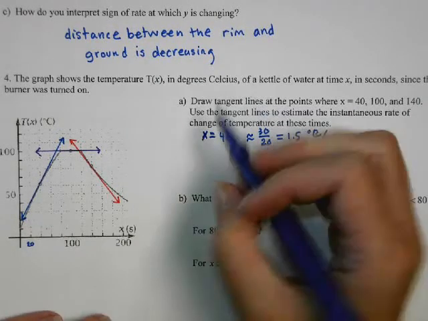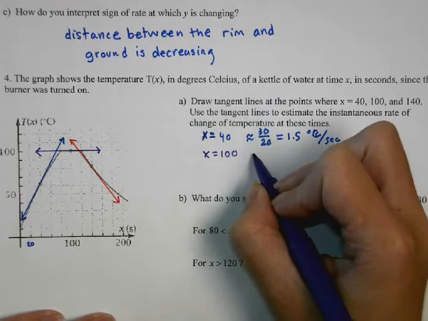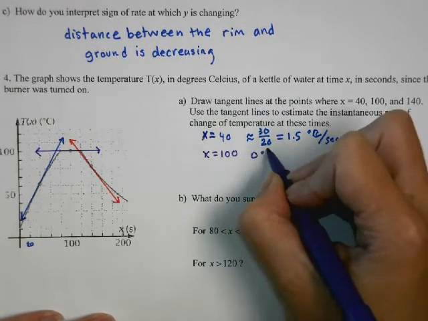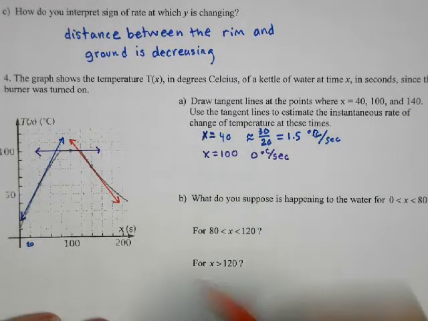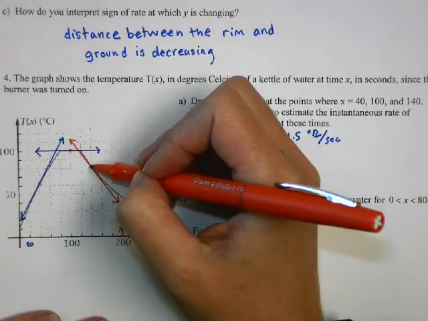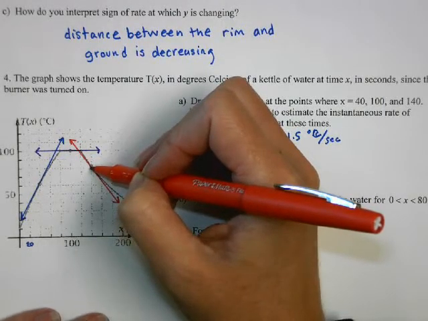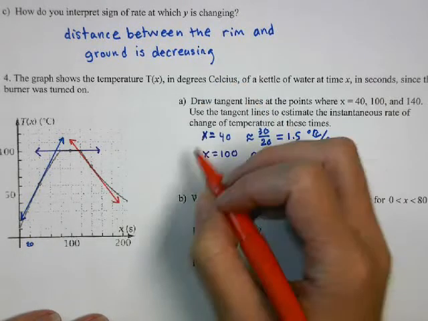This one's flat. That slope is pretty easy to determine. That slope is going to be 0 degrees Celsius per second. And the last one, looking here, it's going down, maybe about negative 20 over maybe 15.